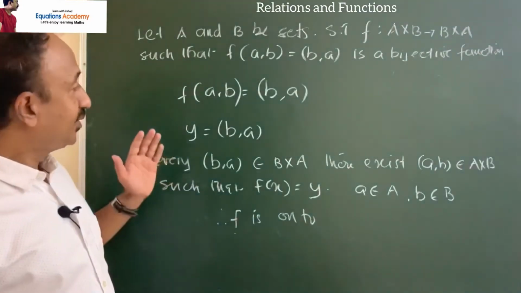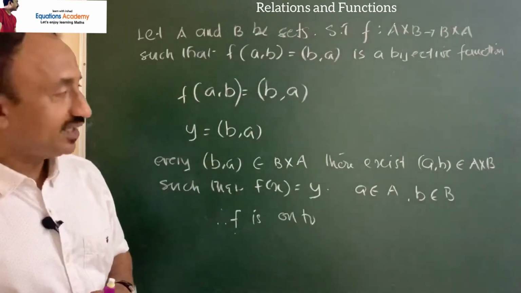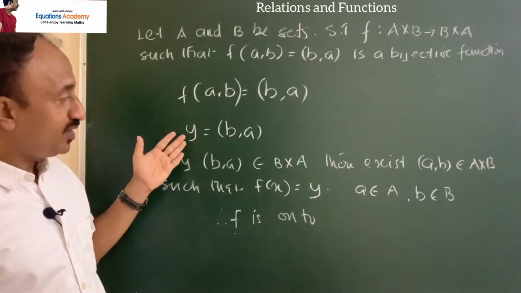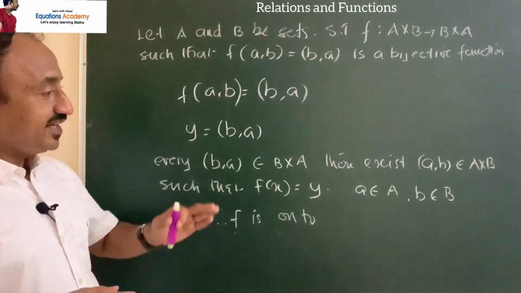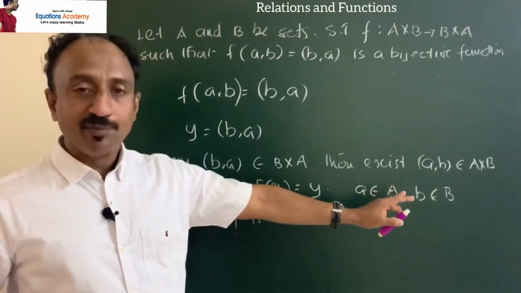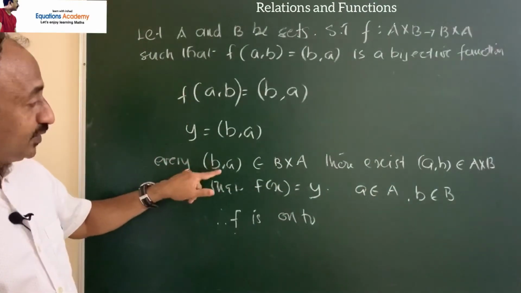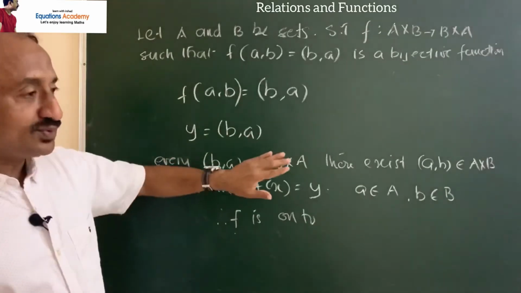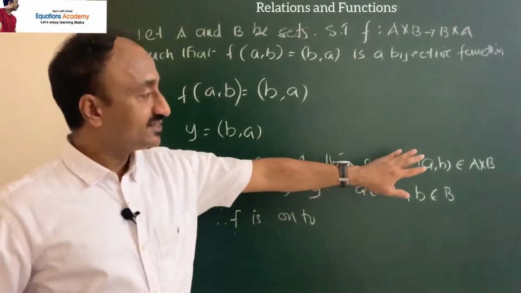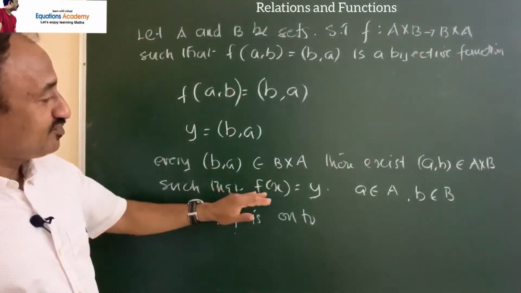Now we'll check onto. It is given that f of (a, b) equal to (b, a). That means f of x, that is y, equal to (b, a), for all b belongs to B and for all a belongs to the set capital A. Every (b, a) belongs to the cross product B cross A. That means there exists (a, b) belongs to A cross B such that f of x equal to y.